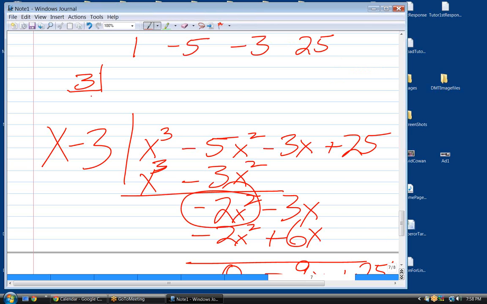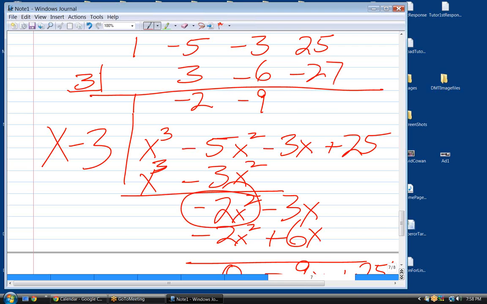And then instead of subtracting every line, we're going to add, because we're not dividing by a minus 3, we're dividing by a plus 3. So that allows us to add. I bring down the 1. 3 times 1 is 3. Add those two together. Multiply. Add. Multiply. Add. There's my x squared minus 2x minus 9 with a remainder of minus 2.